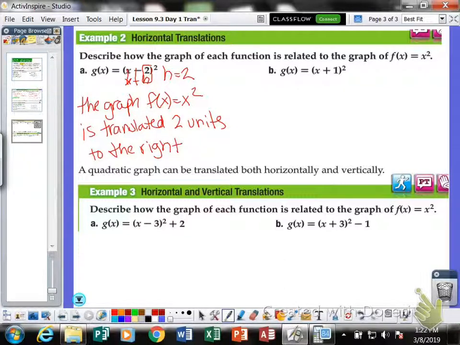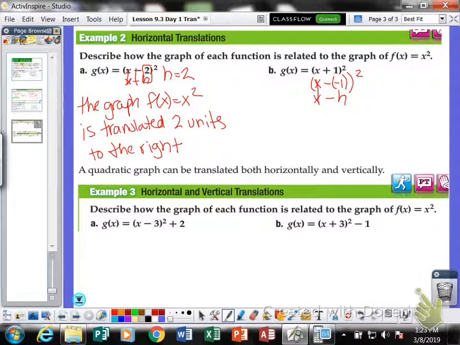So in the next one, part B, it's not in the form x minus something, but could we rewrite x plus 1 as a subtraction problem? Sure, we could write this as x minus a negative 1 squared, because the two negatives make a positive. Now it's in this form, x minus h.